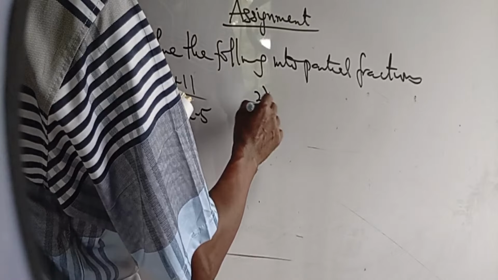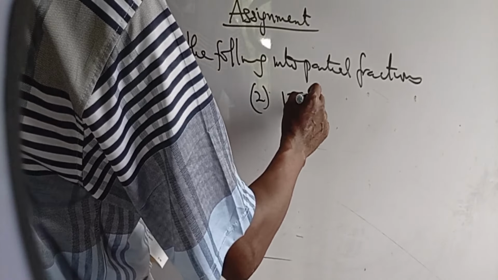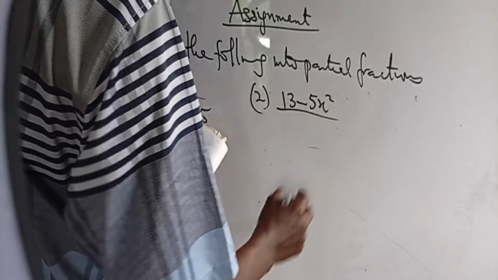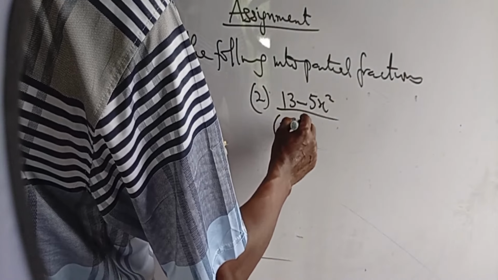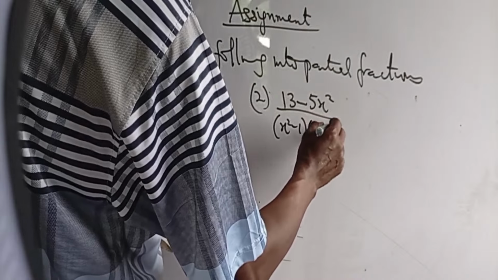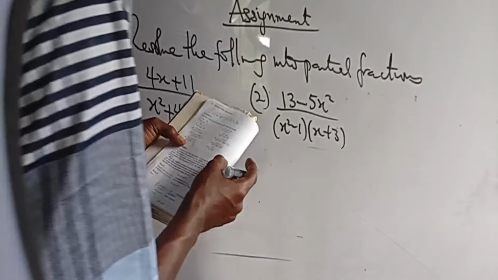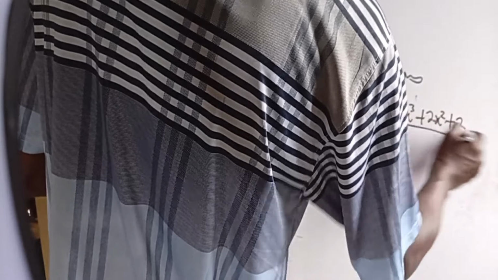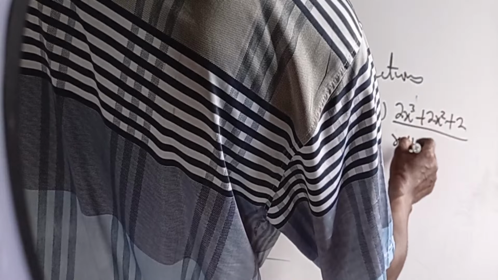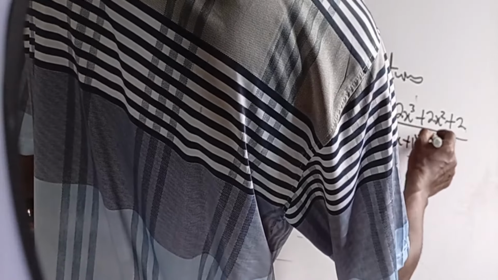Number 2: 13 minus 5x squared all over x squared minus 1 times x plus 3. That's that. Number 3: 2x cubed plus 2x squared plus 2 all over x plus 1 squared times x squared plus 1.